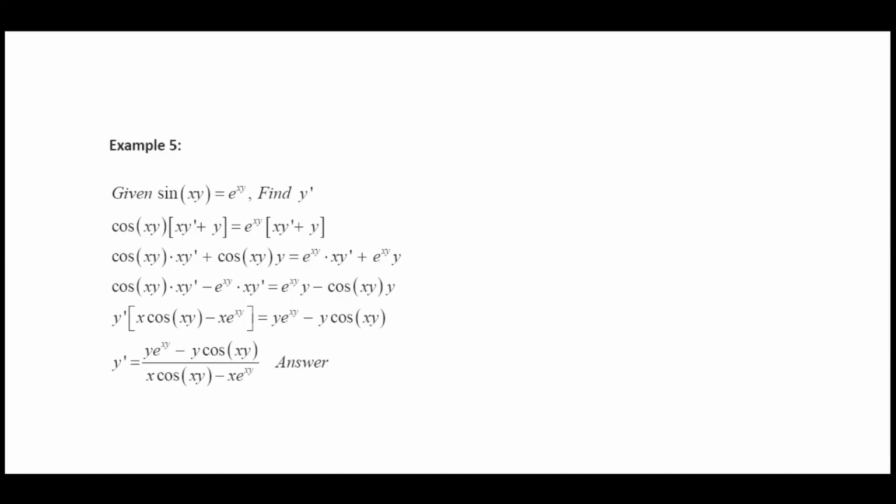Now we're going to get our y primes on one side, so we'll leave this one alone and bring this one over. And we'll leave this guy alone and bring this individual over. We'll factor out a y prime since we have one in each of these, leaving us with this. And now we'll divide through by this, and we have our answer.